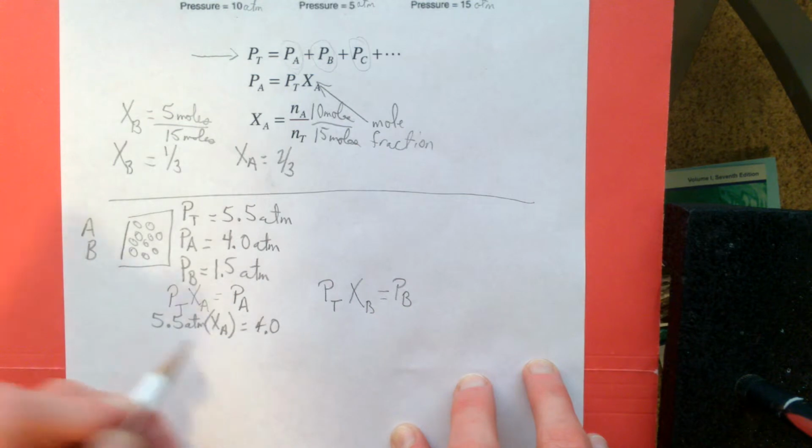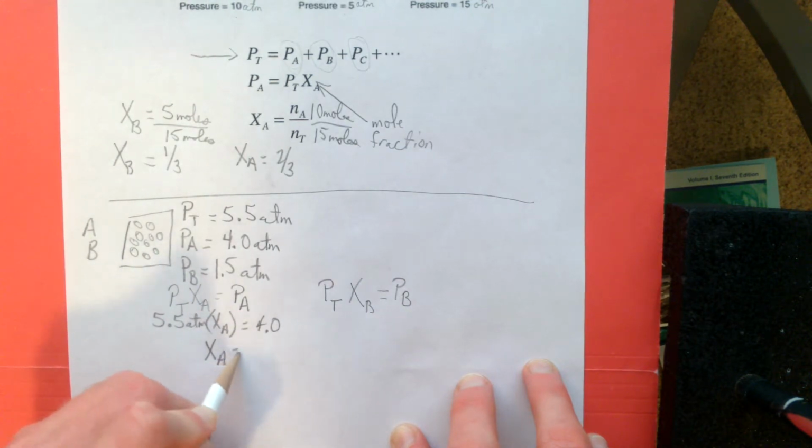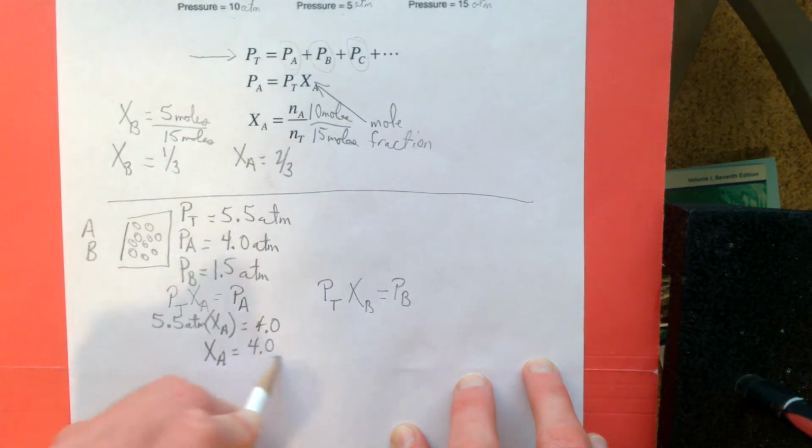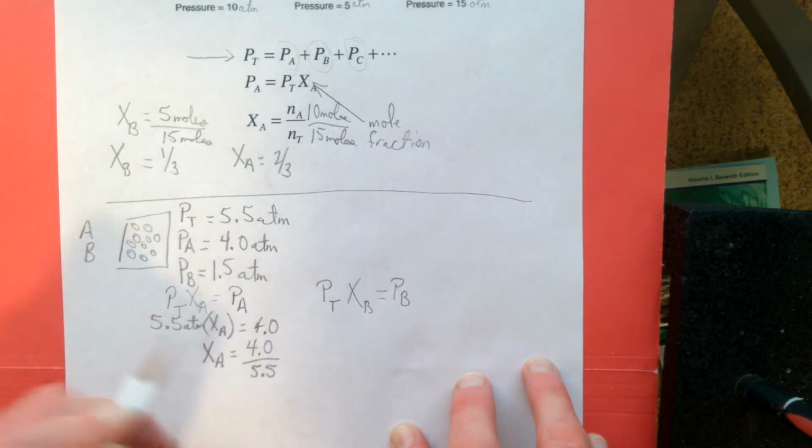So we can solve for the mole fraction: 4.0 over 5.5.